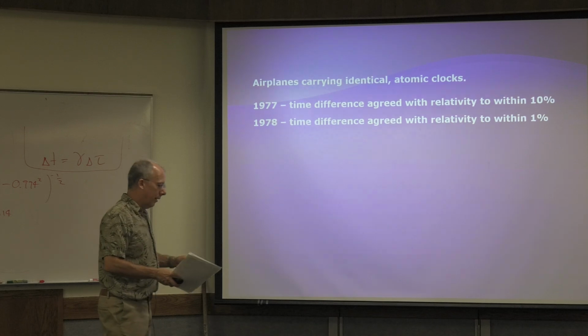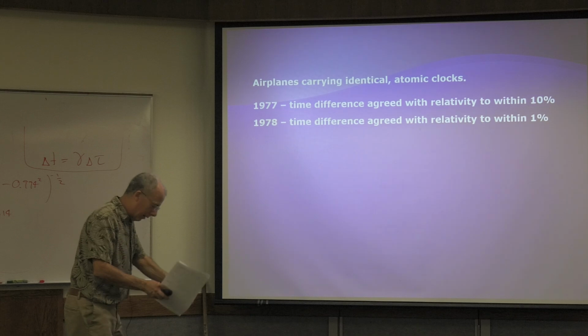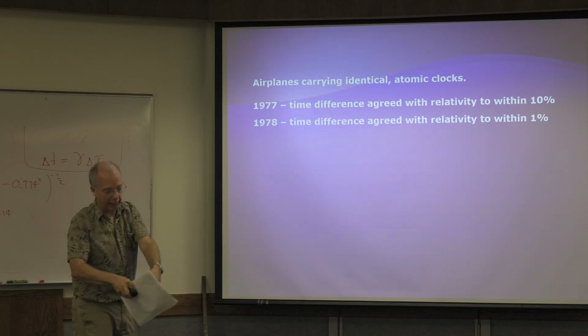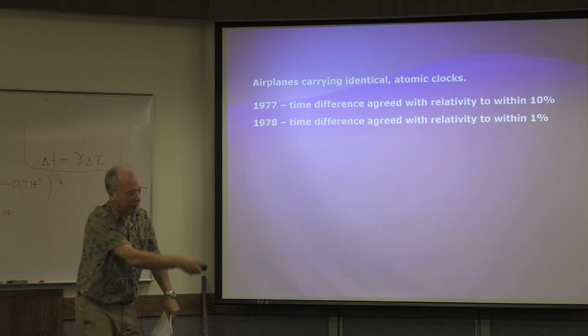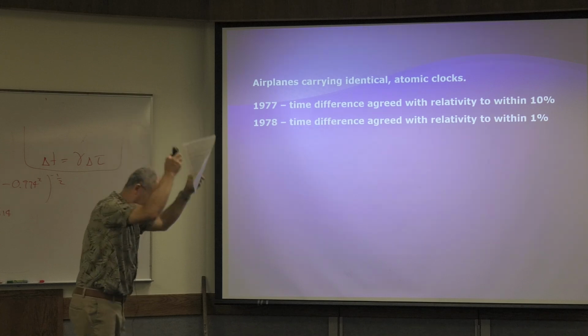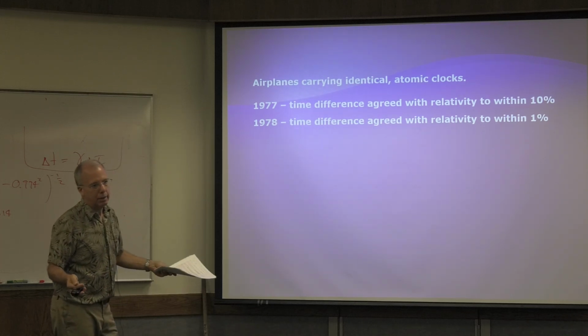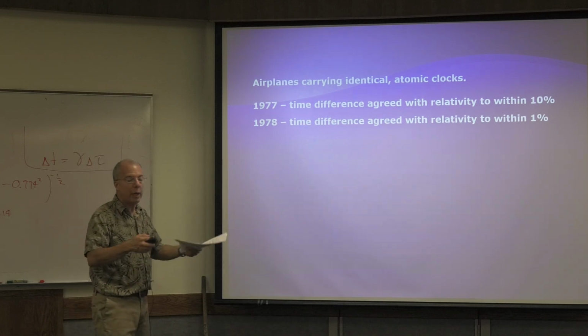So what they did for this experiment, they had 2 identical atomic clocks. They put one on the ground, they put one on an airplane. The one on the airplane flew around for a while, around the world or whatever, I don't remember, and then it came back. Now, what would Isaac Newton say for the time? The same. What would Einstein say? Different. Well, they were different.